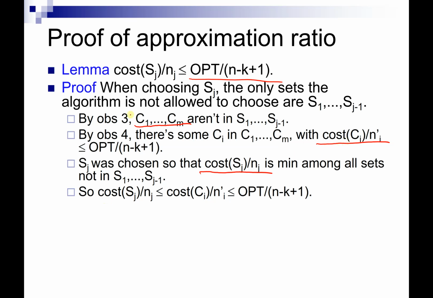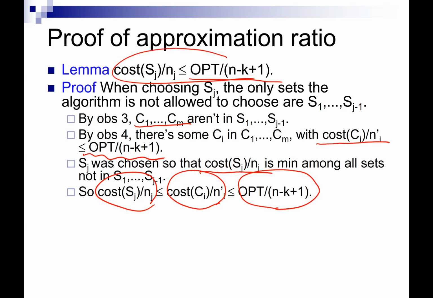Since we're allowed to choose any of these C sets, and there's at least one of them where this cost is no more than this quantity, then since we're choosing the minimum average set, our average cost for the set S_j that we pick can be no more than the average cost for the C_i set, which is no more than this value over here. And so therefore we have this statement over here.